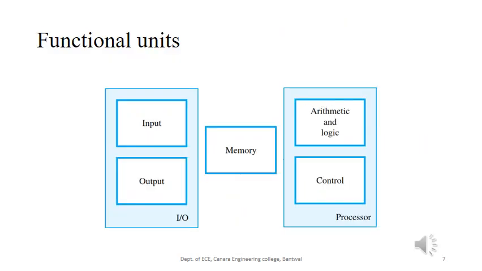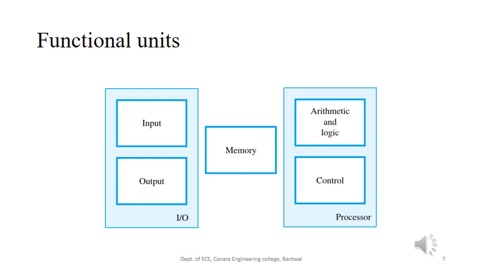The figure shows the functional block diagram of a computer system which has the input, output, memory, arithmetic and logic unit and the control unit. However, in the previous slide we had discussed the input, output, memory, arithmetic and control unit in a simpler way.